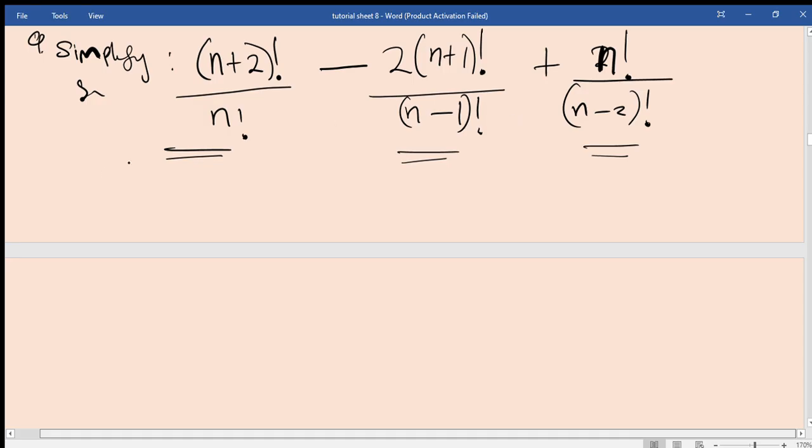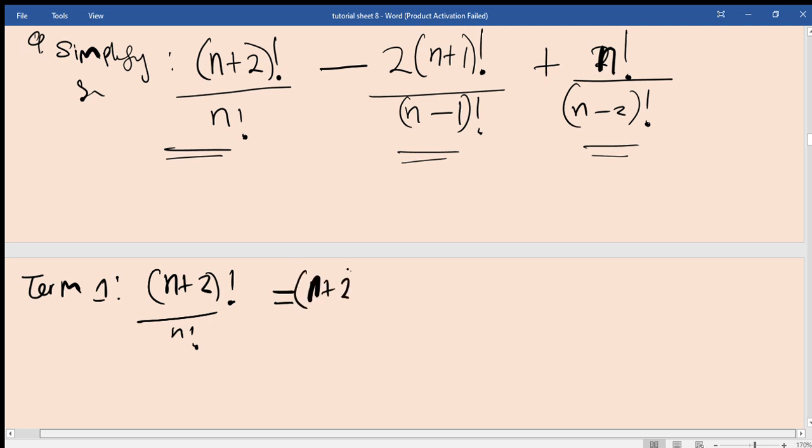So if we simplify term 1, I am going to have (n plus 2) factorial over n factorial. This factorial means decreasing. So I'm going to have n plus 2, which is the first, multiplied by n plus 2 minus 1, which will be n plus 1.